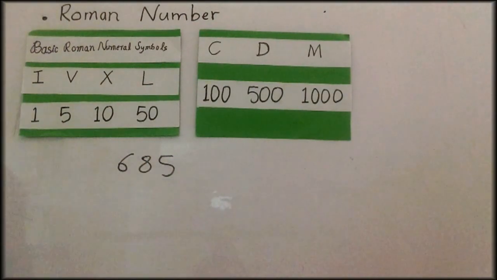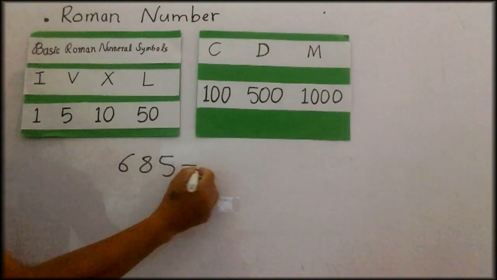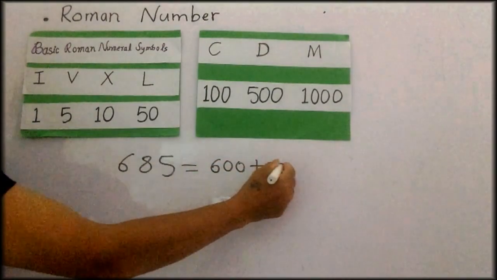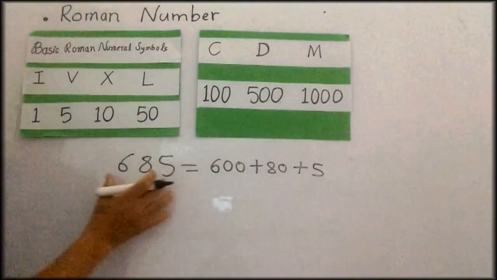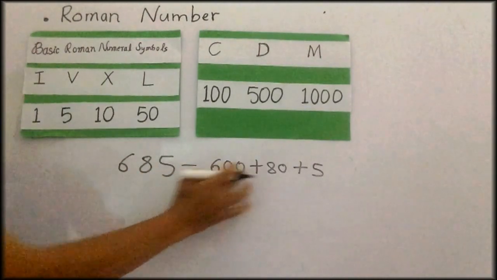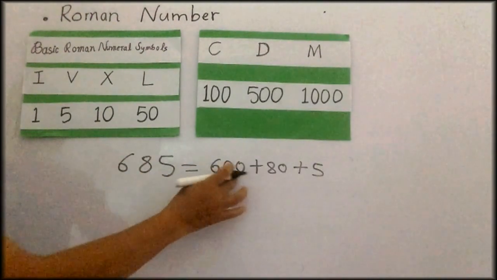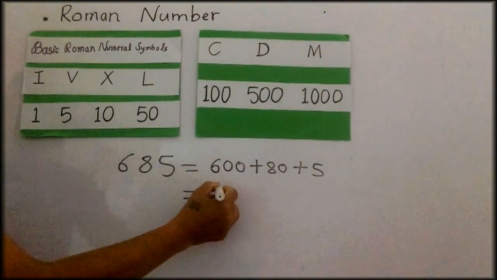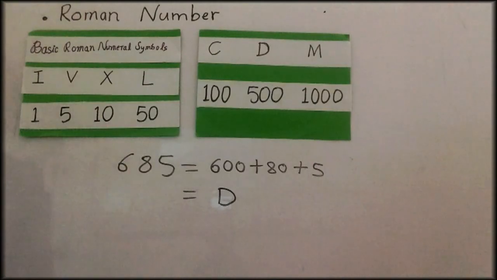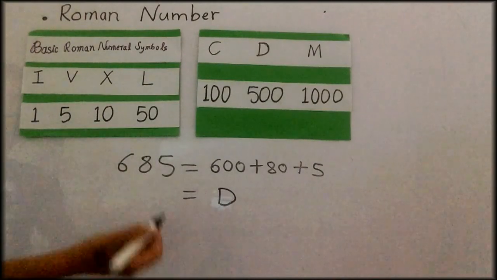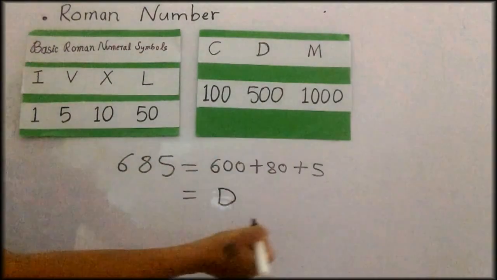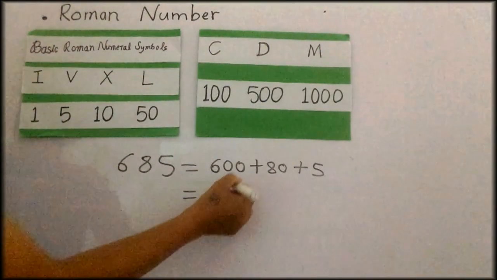Let's take a 3-digit number like 685. When you write a 3-digit number, at first we have to write the expanded form, which is 600 plus 80 plus 5. What is the expanded form of 685? 600 plus 80 plus 5. Now you have to write 600 first. We don't have a symbol for 600.